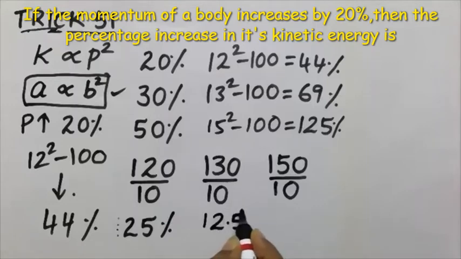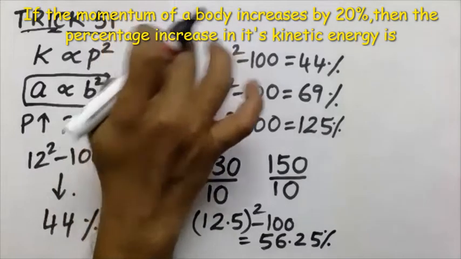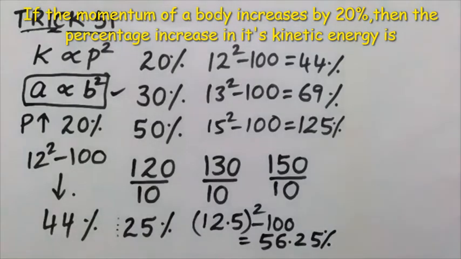Square it, minus 100. Then you'll get 56.25%. So this is one way to get the answer for this question within a fraction of time.